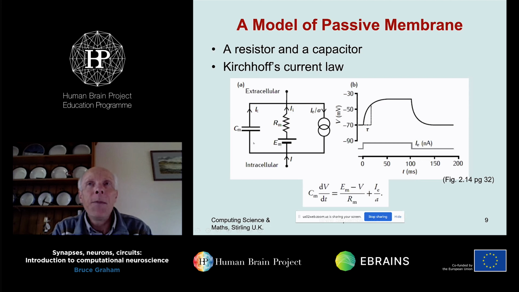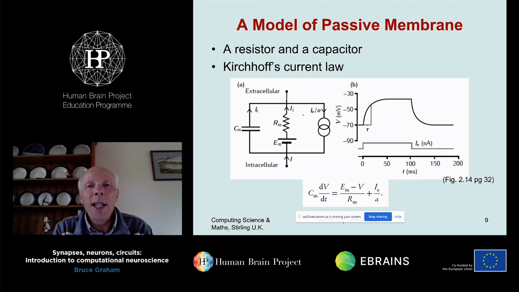So the membrane itself forms an insulation between the inside and the outside of a neuron, and that has the properties of capacitance in electrical terms. The membrane also has a fairly high resistance, which we model by resistance here, Rm, and there can be some flow of charge across the membrane itself, and that is powered by a battery, which we call EM.